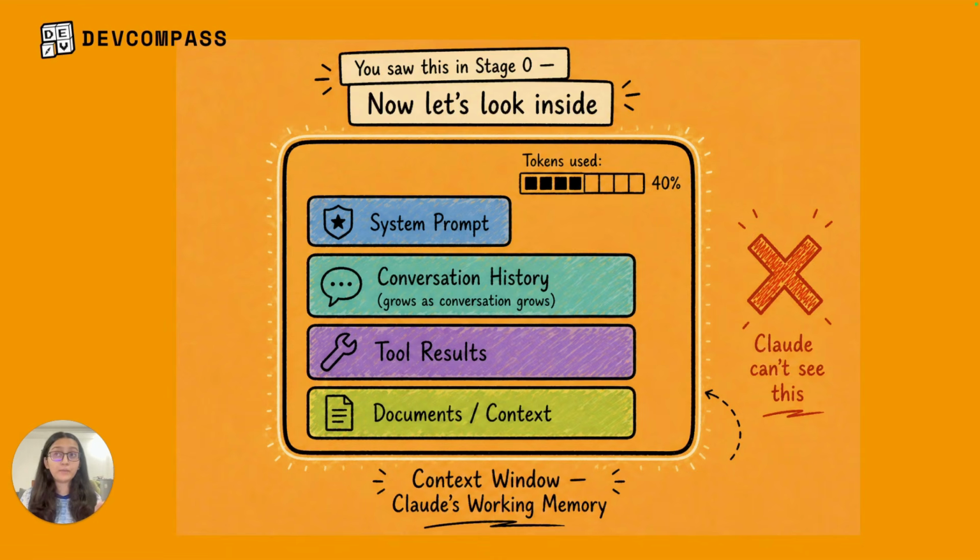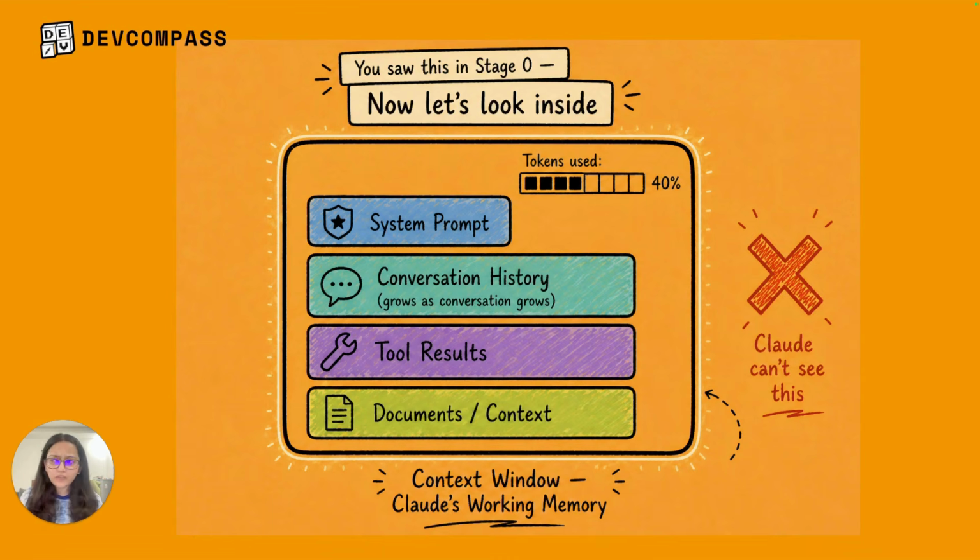The new element is the token gauge in the corner. Right now it's partially filled, about 40% in this diagram. That represents the context being used. The point of showing this gauge at 40% now is so that when we fill it up in the next few slides, the contrast should be very clear.